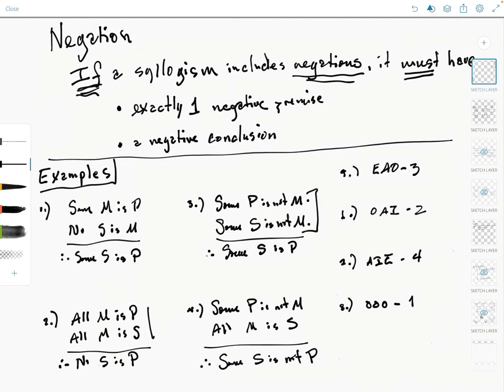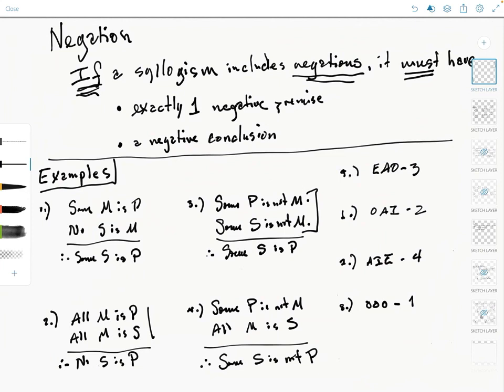So now let's look at number three. Some P is not M, some S is not M, therefore some S is P. Does it have negatives? Yes, so it triggers this negation rule. Look at condition number one. Does it have exactly one negative premise? No. But how does it break that rule? It breaks the rule by having too many. So it has two negative premises, and we have a name for that.